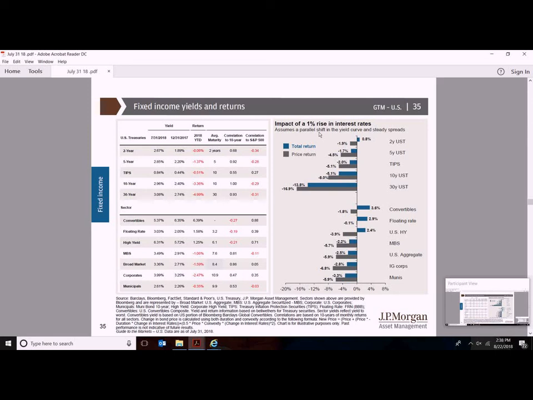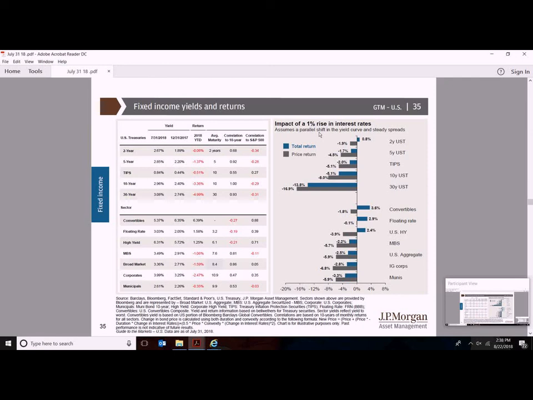The longer-termed bonds, called higher duration, will feel more impact by a 1% rise in interest rates. They use 1% just to get these numbers. But we've already seen at least two increases in the last year and a half, with two more to go and possibly one in 2019. So there's definitely a 1% rise on the horizon between what's happened and what's going to come.